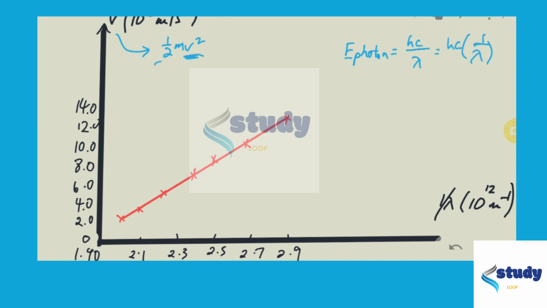And now how do we equate this kinetic energy with this energy of a photon? When the photon enters, and then afterwards it splits, the energy is split between the proton and the neutron.